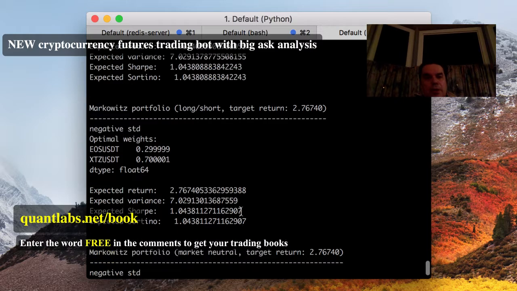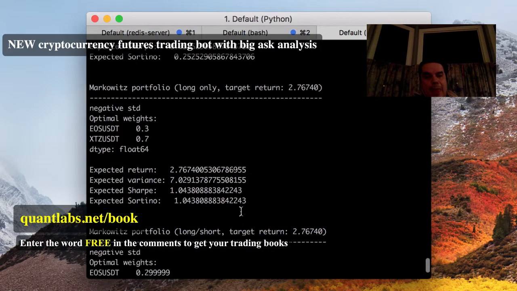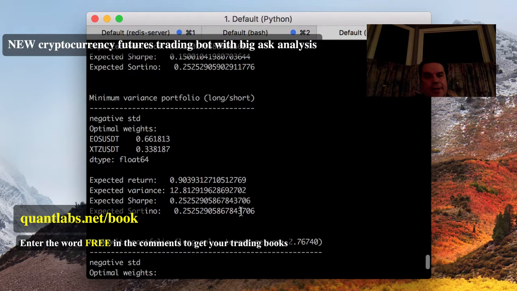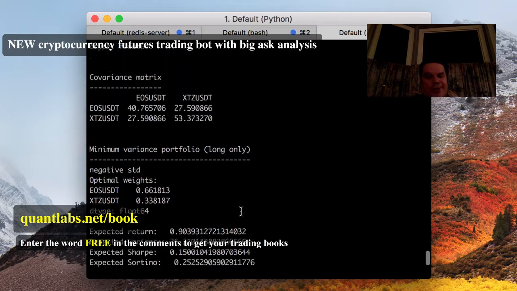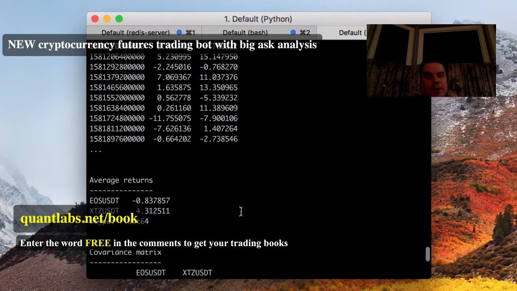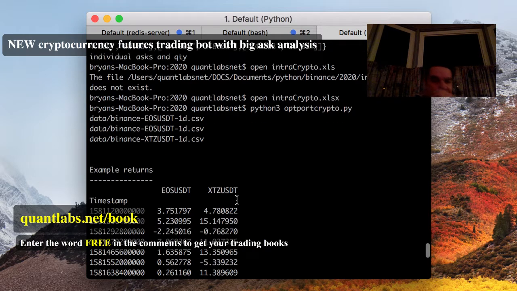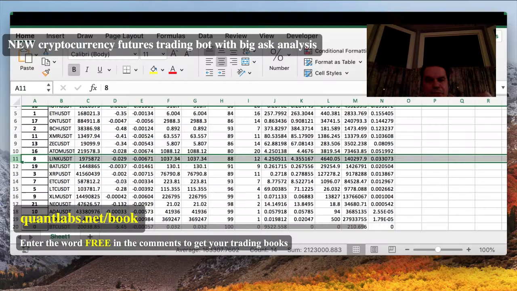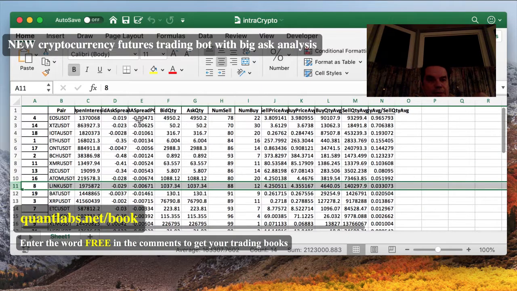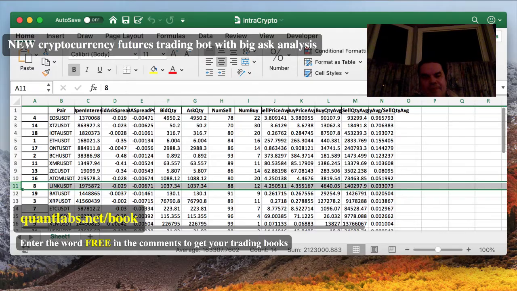So essentially, we are running some analysis here, and basically what it's doing is downloading the best performing pairs from the spreadsheet. The top pairs would be EOS and XTZ, those would be the two best.